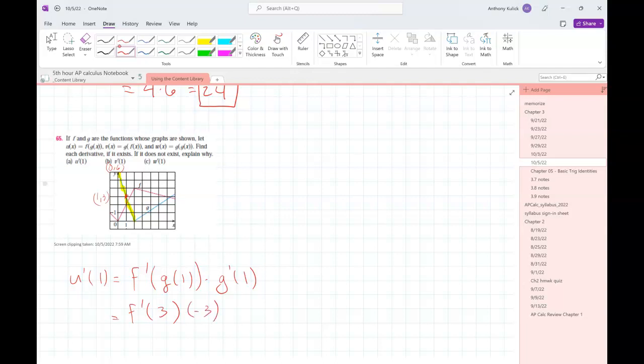And then f prime of 3 is going to be the tangent line on that section. That point is just on this straight line, so the slope on every part of that straight line is the same. So I just need the slope for that straight line. That is the point 2, 4 right there, and then that is the point 6, 3.